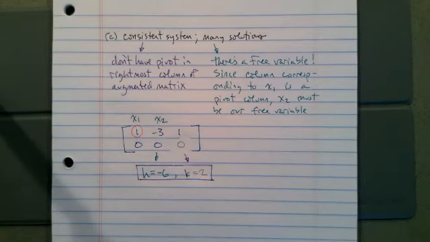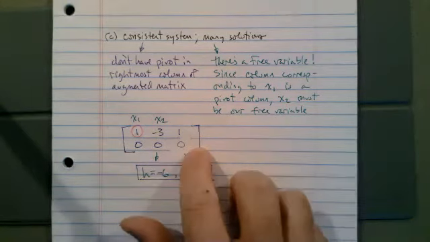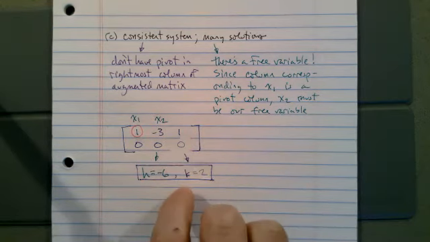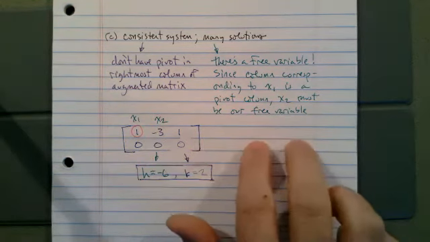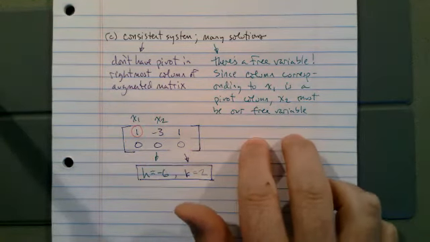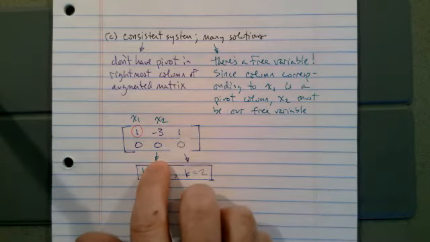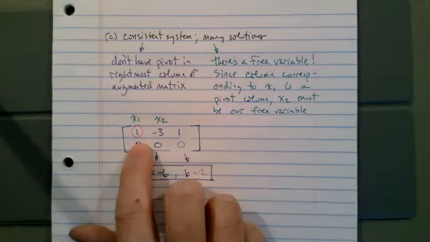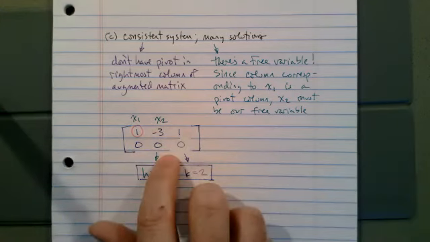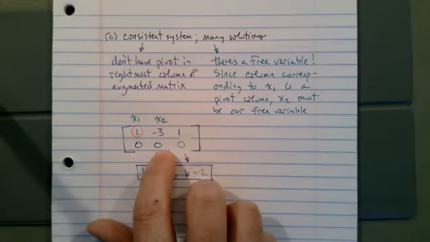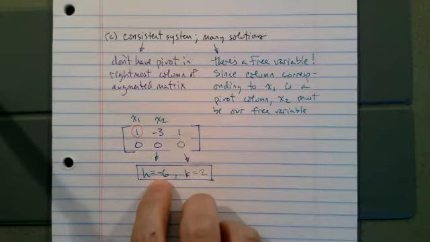So once again, since I messed it up, to make a consistent system, I need to make sure that there's not a pivot in the rightmost column of my augmented matrix. Since we want a free variable to make many solutions, x2 has to be the free variable since x1 is a basic variable. That means x2 does not have a pivot. We don't have a pivot in the column corresponding to x2, and that forces h to be equal to -6.